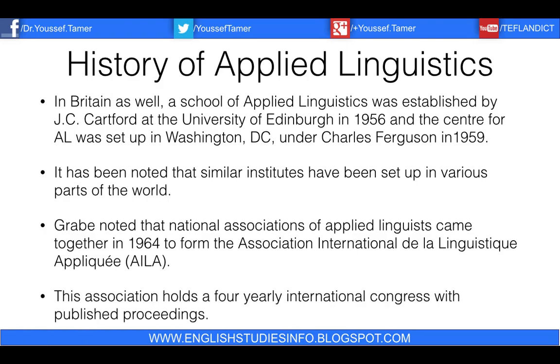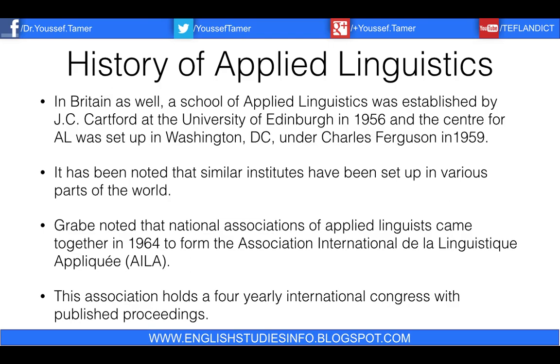This association is still working. It holds a four-yearly international congress with published proceedings. So every 4 years they organize a congress.